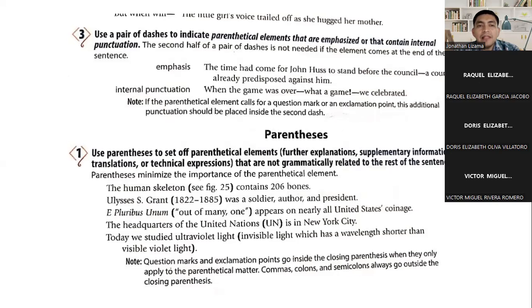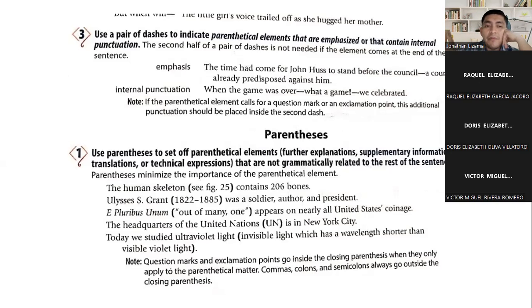The time had come, el tiempo había llegado para John Huss de estar ante el concilio, un concilio que ya estaba predispuesto contra él. El otro, en lugar de colocar paréntesis, puedo colocar guiones. When the game was over, cuando terminó el juego, what a game, qué juego, we celebrated, celebramos. En lugar de colocar paréntesis, coloco dashes.